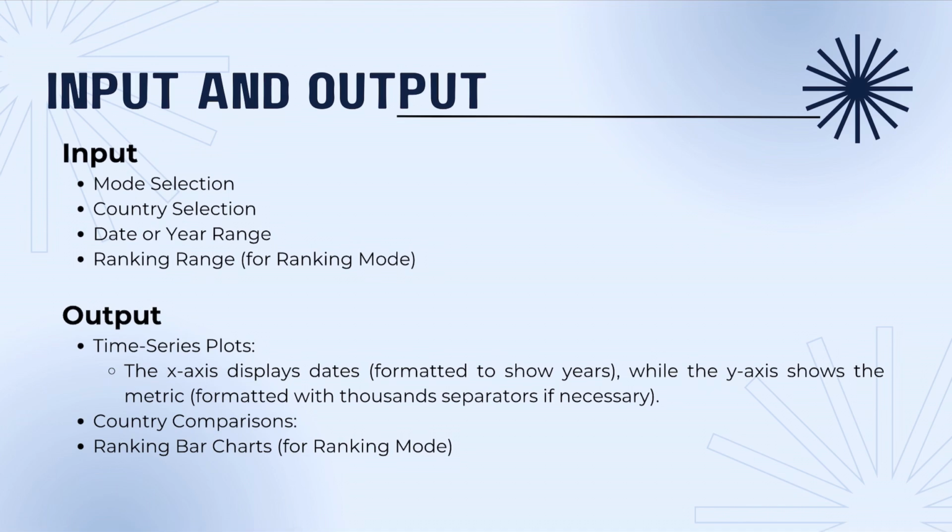And next is about the output. The output of this code consists of various interactive plots that display COVID-19 data based on user selections: time series plots, country comparisons, and the last one is ranking bar charts for the ranking mode.